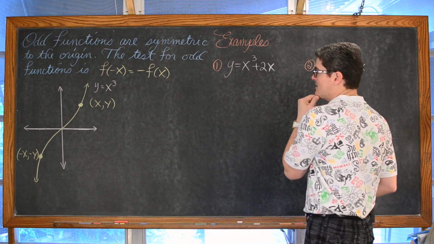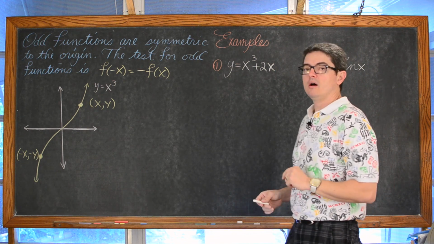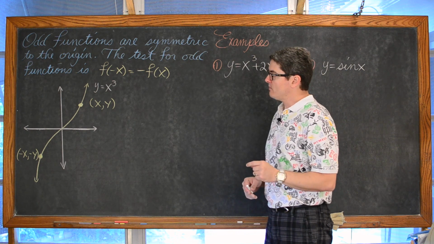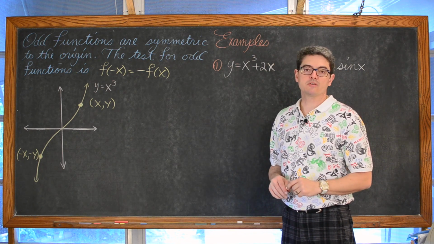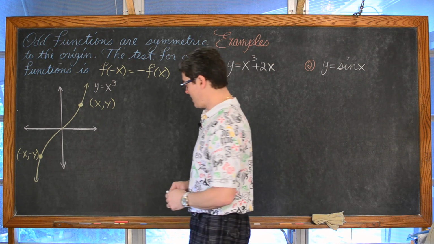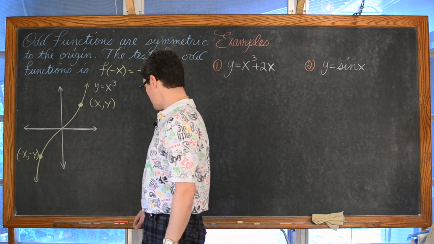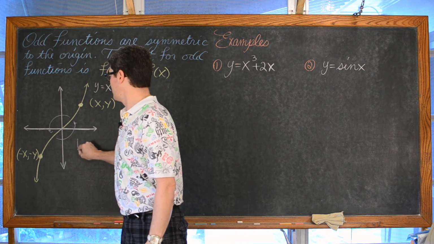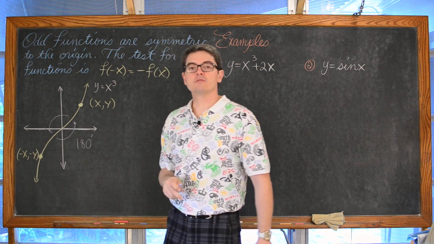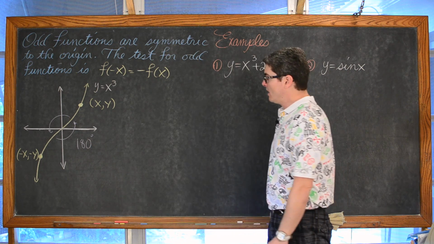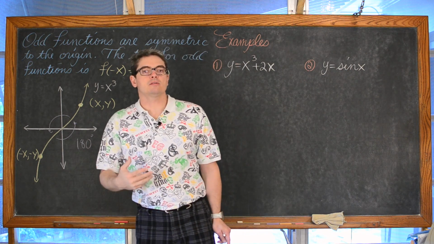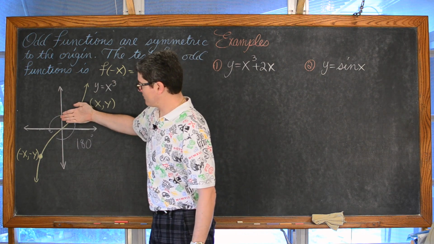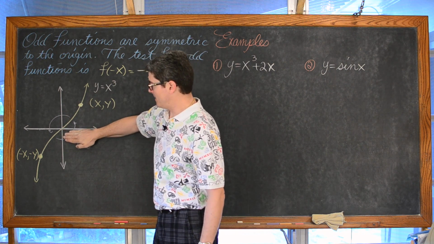And so that is an example graphically of what your function may look like, or will look like, if it is odd. Now, we say that odd functions are symmetric to the origin. You can think of this in two different ways. You can see it as a rotation of 180 degrees about the origin, or you can think of it as two reflections, where we take this portion of the graph and we reflect it over the x-axis.